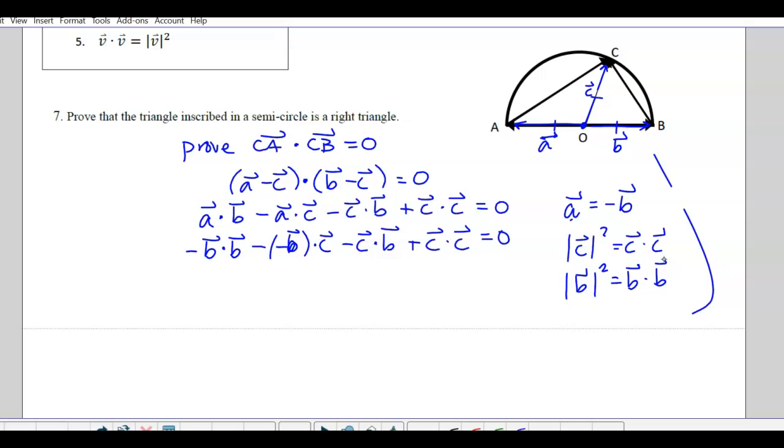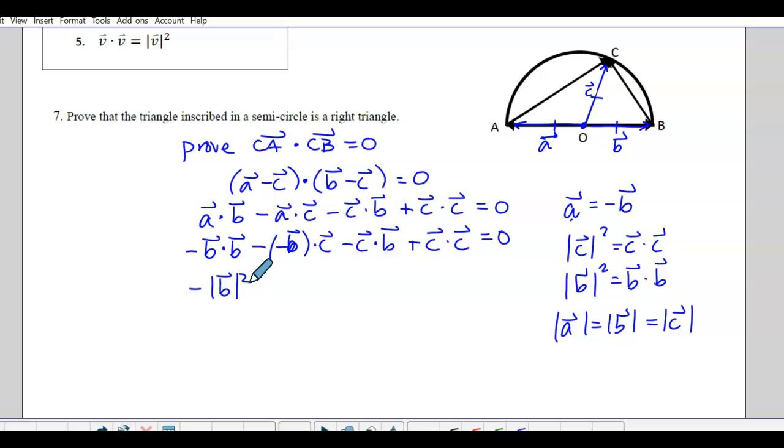And the magnitude of all of these, a, b, and c, are equal. You can even put that up top if you need to, because they're all radii of the circle. Okay, so that means these are going to be the same. The order, that's positive, that's negative, so those will add to 0.